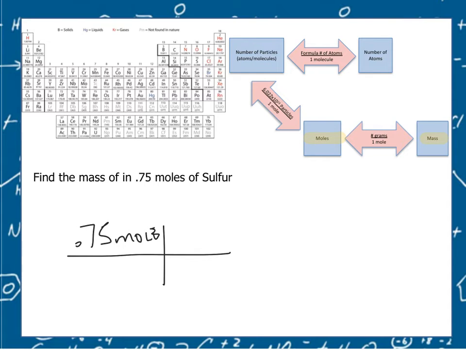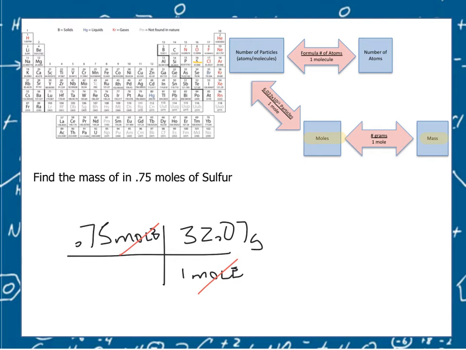My little cheat sheet here tells me that I need to use a ratio of grams to mole, and I need to put the 1 mole in the bottom this time so it will cancel out. And I go to sulfur and get sulfur's atomic mass, which is 32.07 grams.